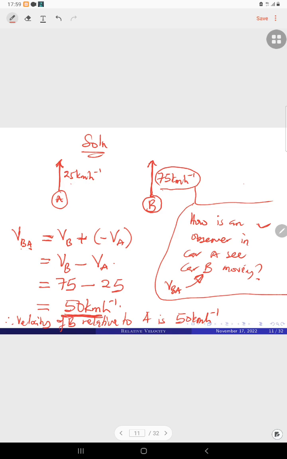So you could see that to an observer in car A, car B will appear to be moving slower than it is in reality. In reality, it was moving with 75, but when we found VBA, we got 50. So an observer in A will see B moving slower than it is in reality.